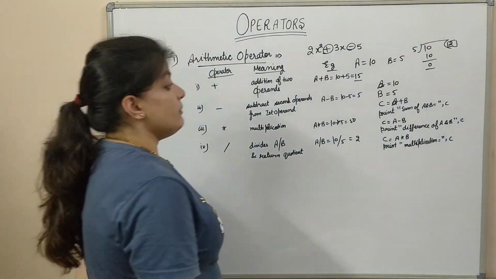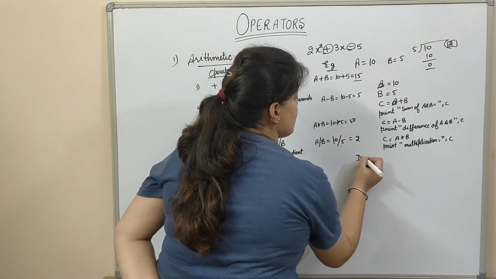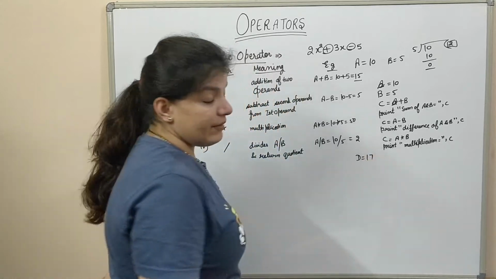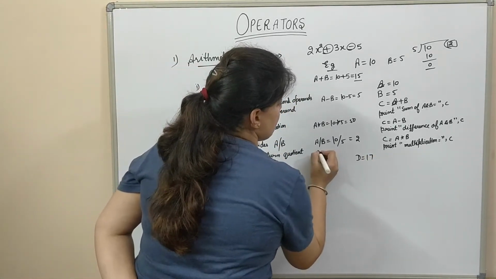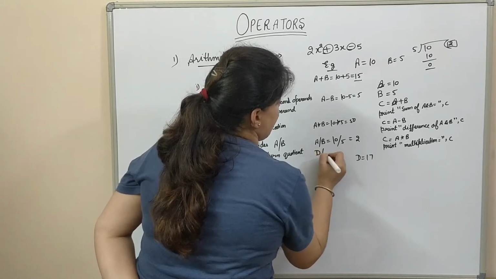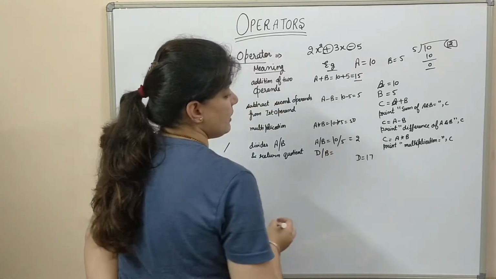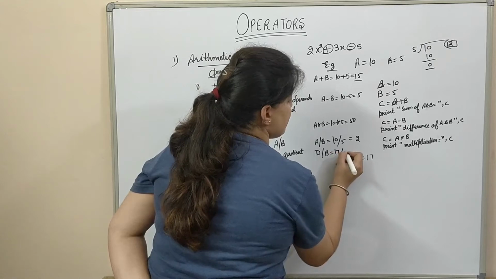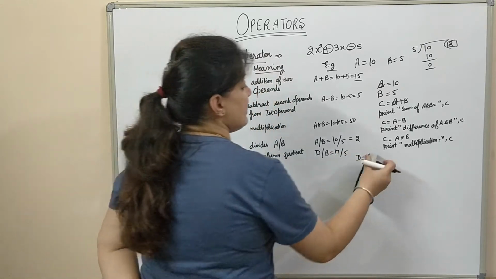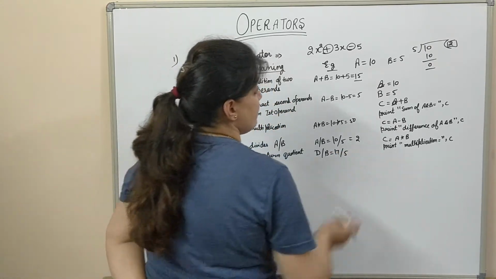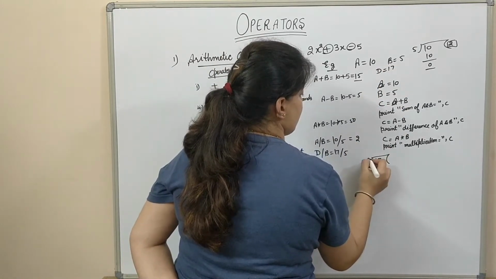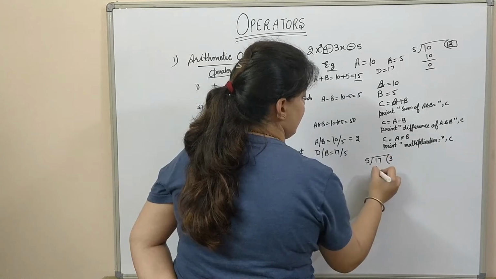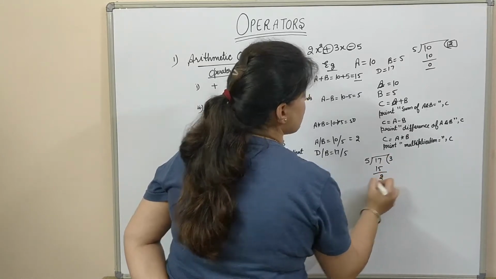Now if we have one more number, D is equal to 17. In this case, if I am writing D divided by B, so here 17 divided by 5. When we divide 17 by 5, 5 3s are 15 and the remainder is 2.